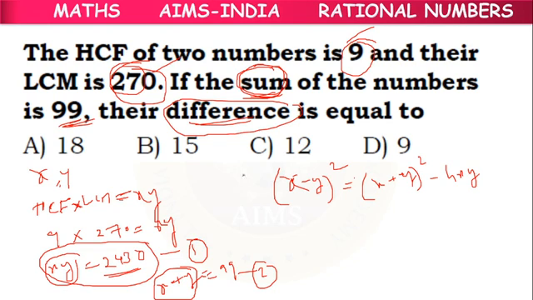When we want to find the difference, we can write it like this. Why? Because the x plus y whole square formula you know: x square plus y square plus 2xy.